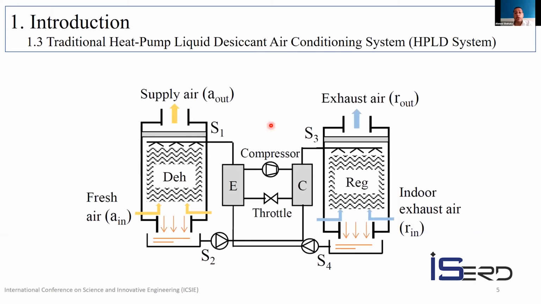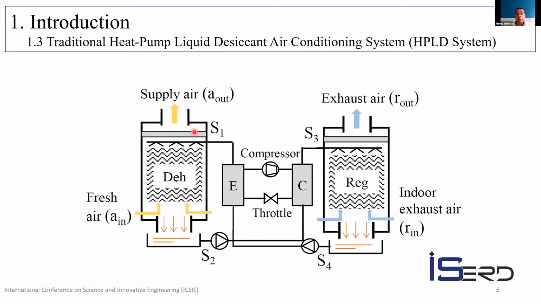Let's see how this is translated into a system. In our system, we have a dehumidifier. The dehumidifier is the place where the fresh air meets the liquid desiccant solution. Fresh air meets the liquid desiccant and gets out cold and dehumidified, because the liquid desiccant sprayed is cooled in the evaporator before spraying and is concentrated.